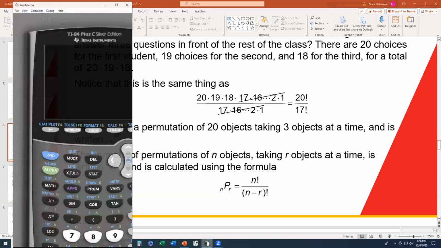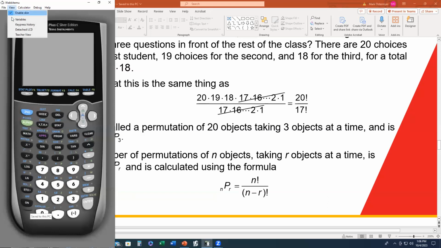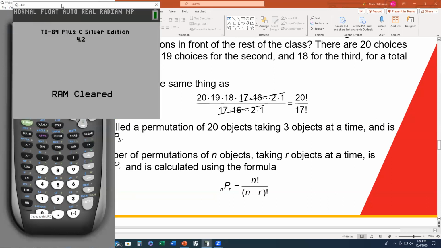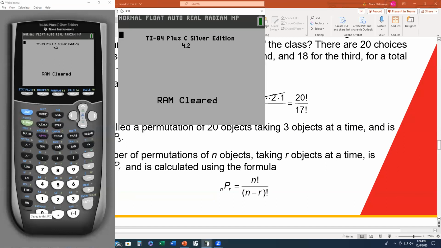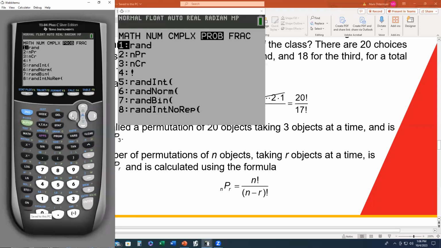Now, on our TI-84 calculator, we do have the factorial function at our disposal. To access it, you hit the math button, go over to probability, and then you go down and there's your factorial function.